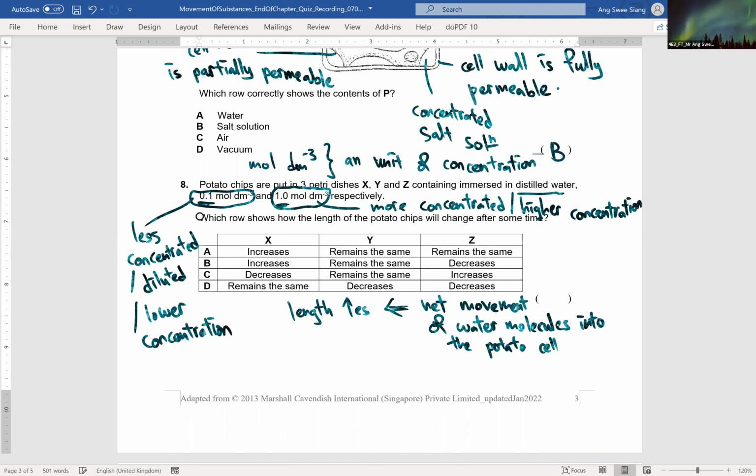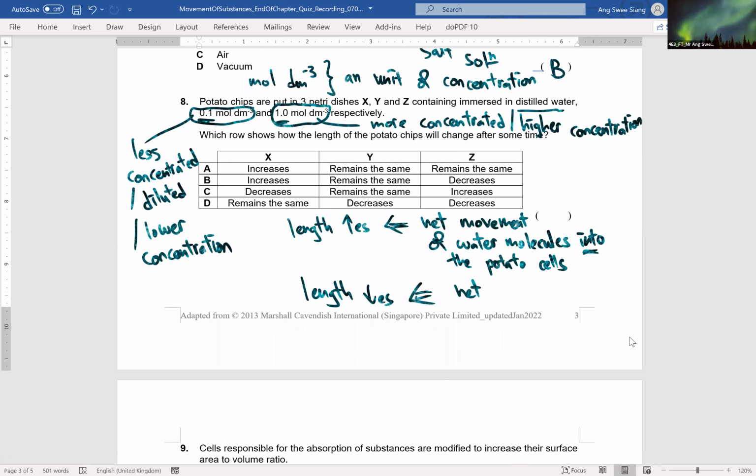Now, if the length decreases, that means there is net movement of water molecules out of the potato cells.